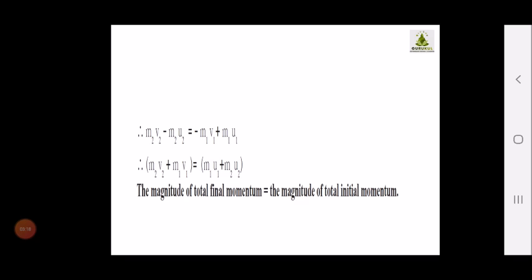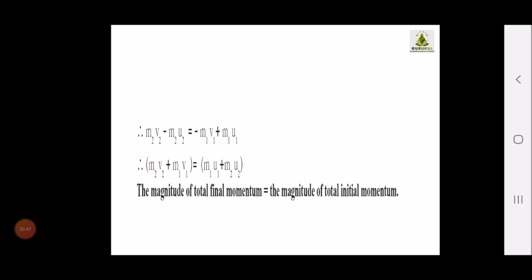If we open the brackets, we get m2 v2 minus m2 u2 is equal to minus m1 v1 plus m1 u1. And if we write all the v quantities together, we get the equation m2 v2 plus m1 v1 is equal to m1 u1 plus m2 u2.